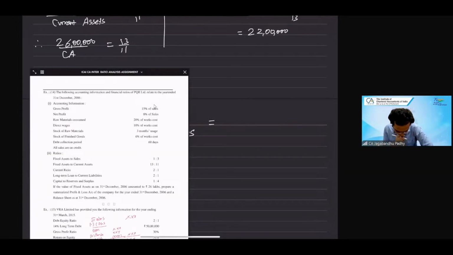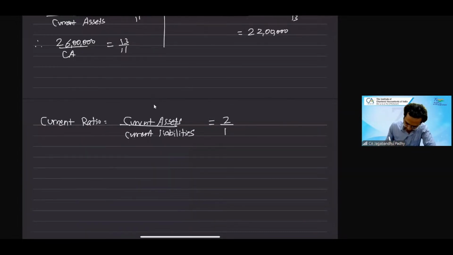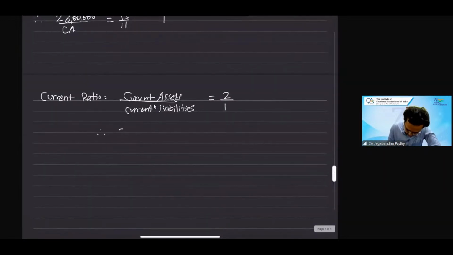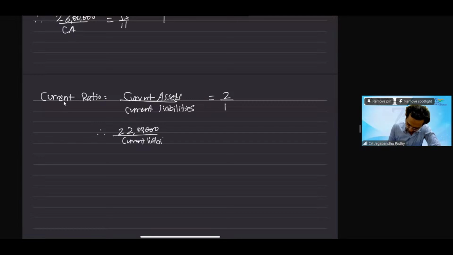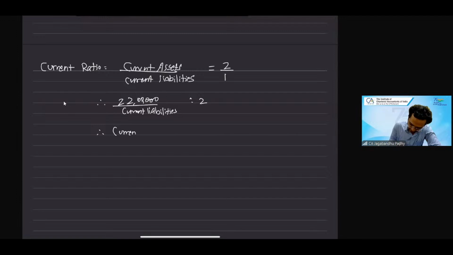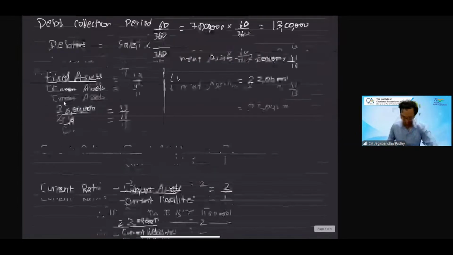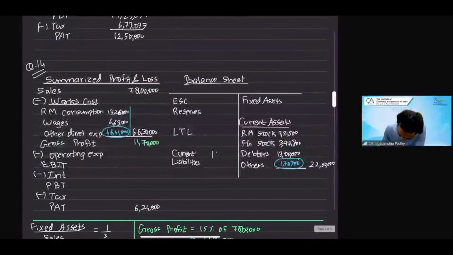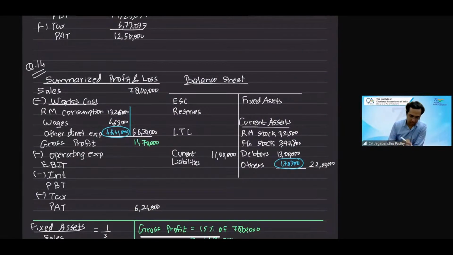Current assets came to 22 lakh, so current assets 22 lakhs upon current liabilities is 2. So what will be current liabilities? 11 lakh. Current liabilities is 11 lakh.